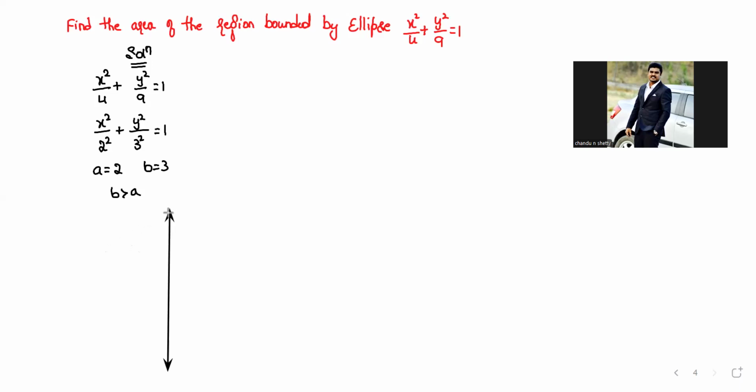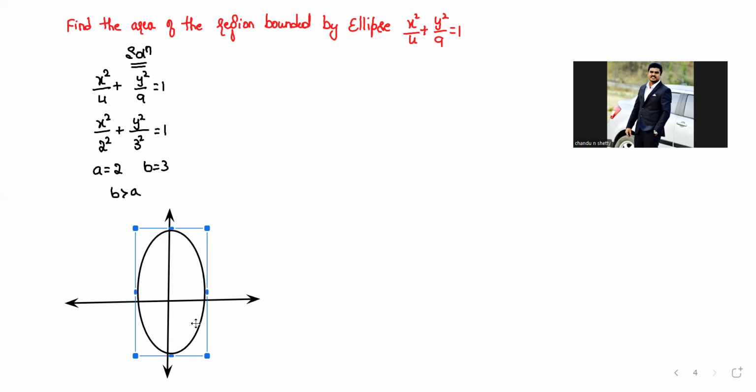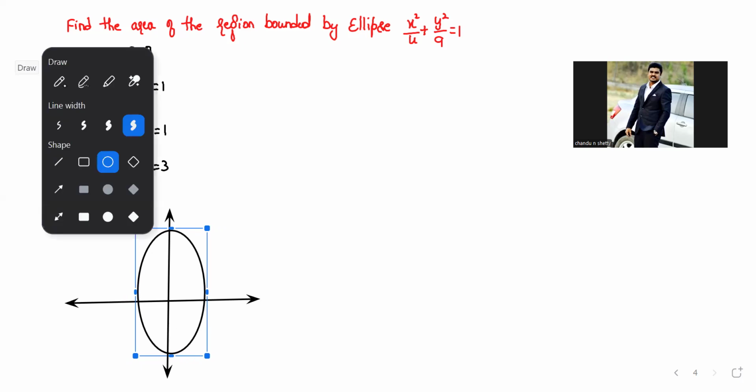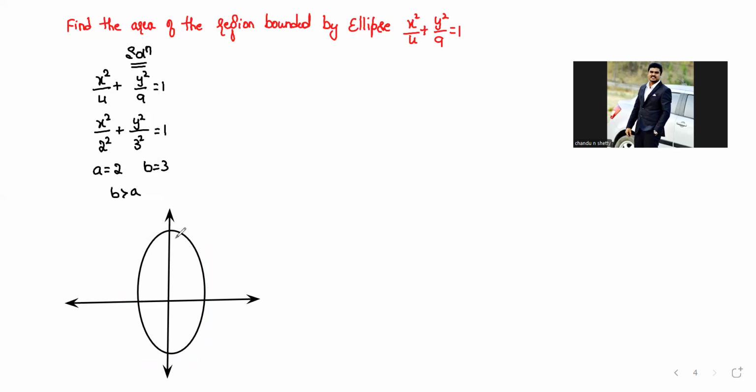Okay. So we are taking the Cartesian plane, and again we are taking the standing position of ellipse. Now we are shading the first quadrant of the ellipse. I'm shading now.